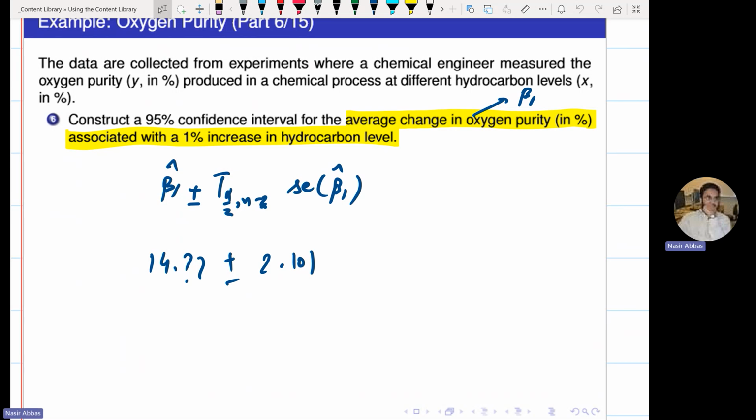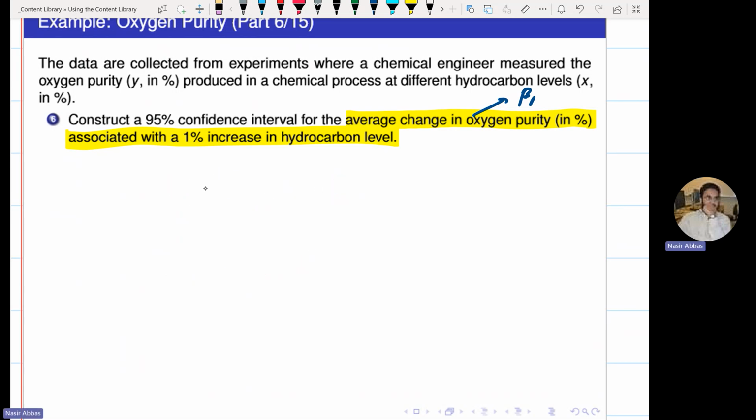Now, for this question, the question clearly doesn't mention what was required. It was in terms of a statement. And from the statement, you are supposed to recognize that you are supposed to draw the confidence interval for what?